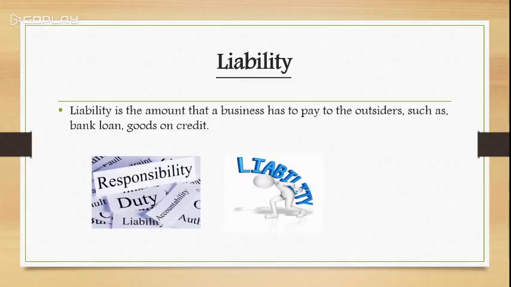For example, if a business takes bank loan, it has to repay bank loan in couple of years. If it buys goods on credit, then it has to make payment to those people from whom it has purchased goods. So this is liability.